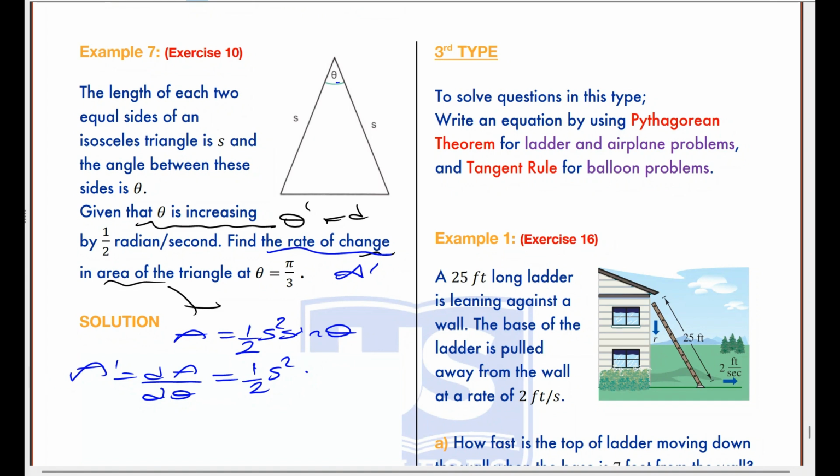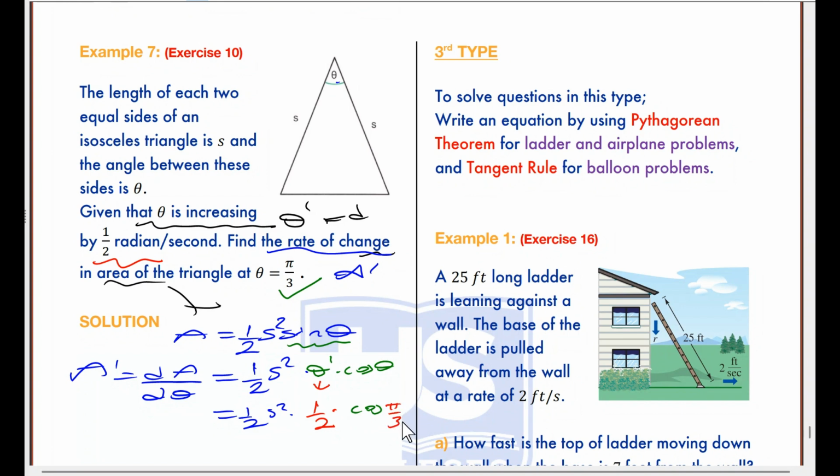Take the derivative of sine theta. What is the derivative of sine theta? Derivative of the angle multiplied by cosine theta. So do I know what theta is? Yes, theta is given in the question as pi over 3. So write this as 1 over 2 s squared times theta prime. Is theta prime given? Actually, it is. We are given that theta is increasing by this, meaning theta prime is given as 1 over 2, multiplied by cosine theta, which is pi over 3.